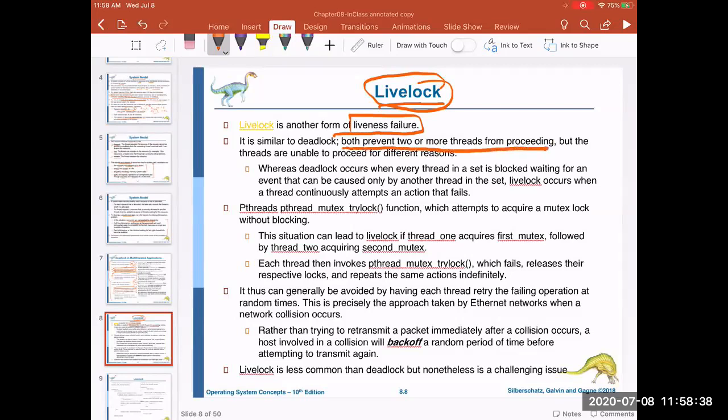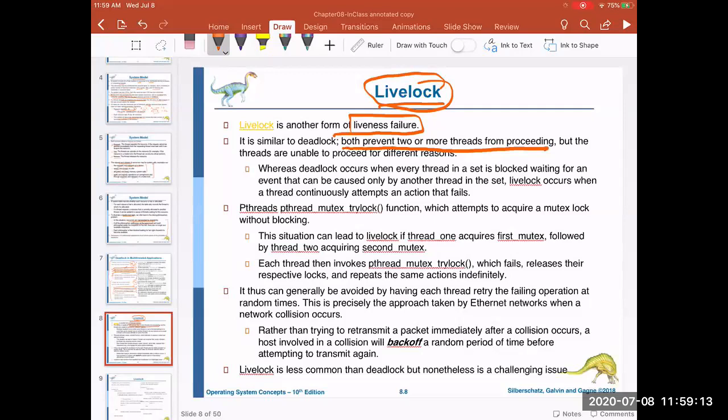Both stop the progress, but they are not the same because the reason is different for each. In deadlock, T1 and T2 have acquired instances, and they are waiting on instances which are acquired by the other process. This will be very clear when we go for diagramming and all that. So just bear with it till then.